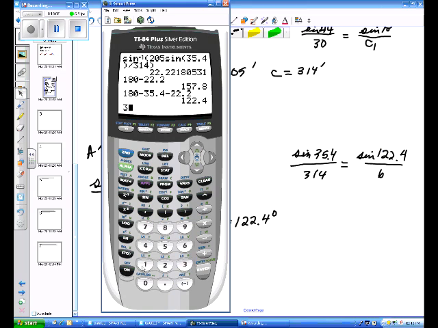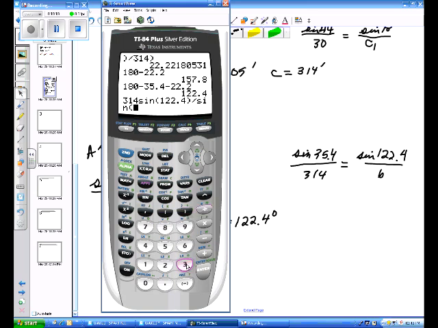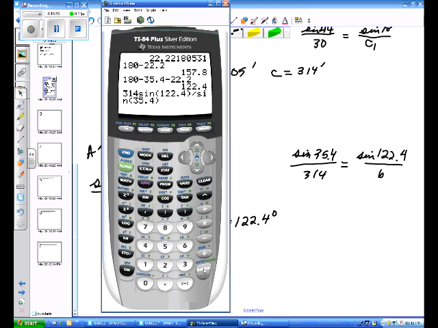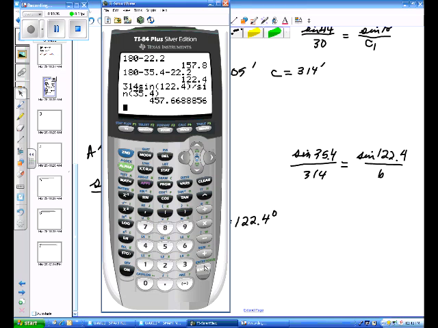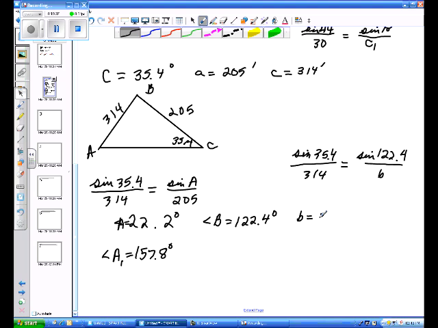So 314 times the sine of 122.4 divided by the sine 35.4. So we get that B is 458. So B is 458, and that's feet.